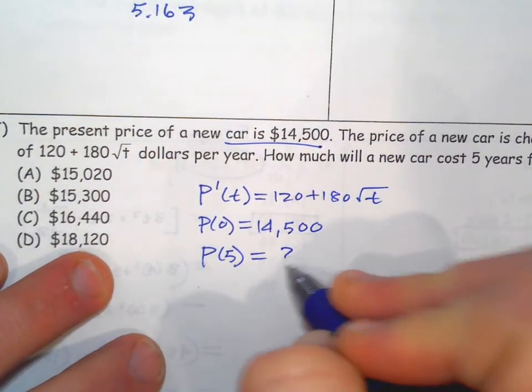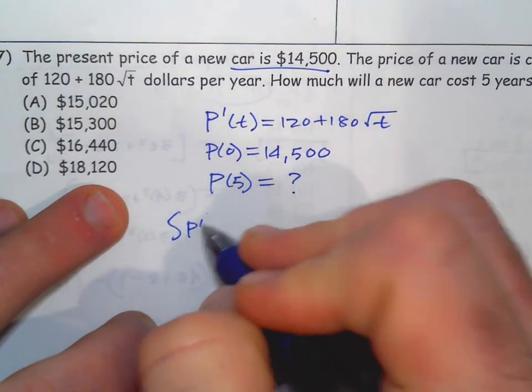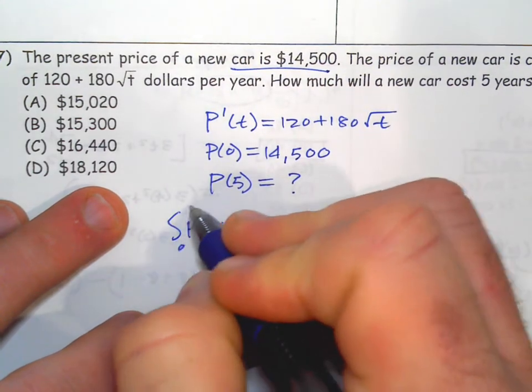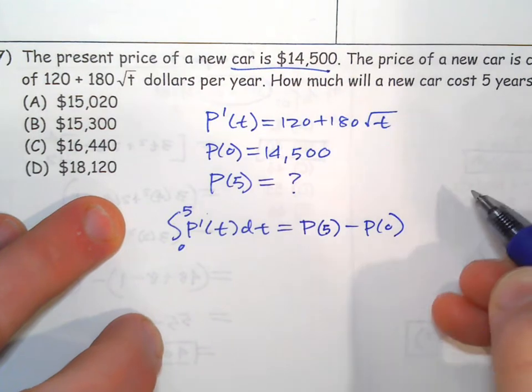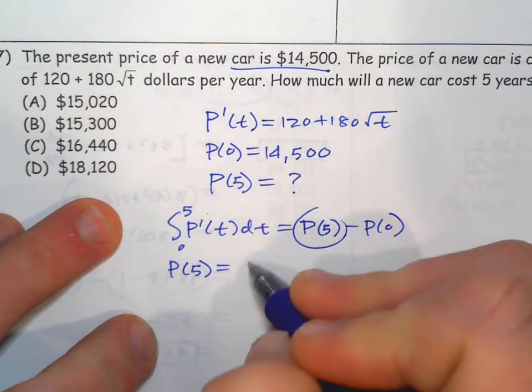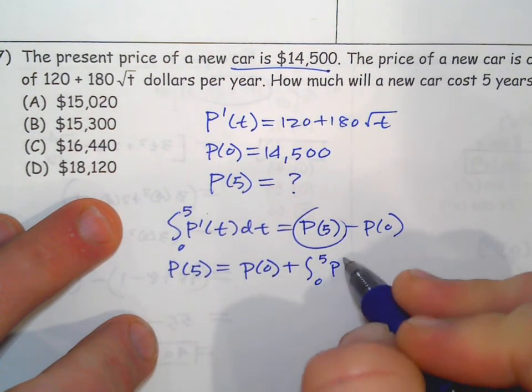So this is another fundamental theorem of calculus part 1 problem. If we integrate P prime, we get P. If we go from 0 to 5, we get P5 minus P0. We want to know P5, so P5 equals P0 plus the integral 0 to 5 of P prime t dt.